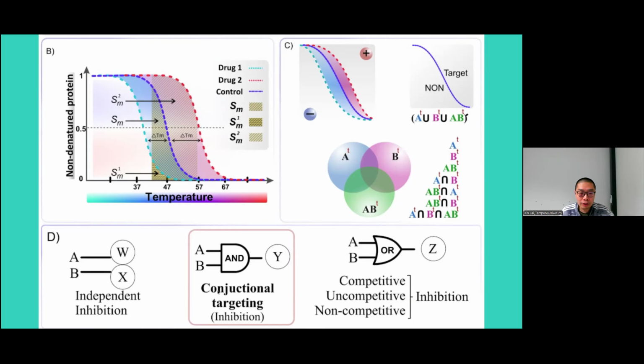For example, here you have the three circles: the targets for drug A, the targets for drug B, and then the targets for the combined drugs A and B, right? Yes. My understanding is that the targets for the combined therapy can only be from A or B, and that is an OR gate.